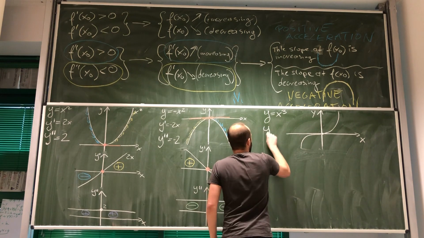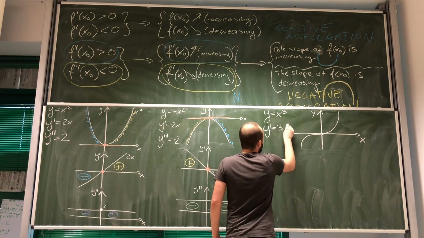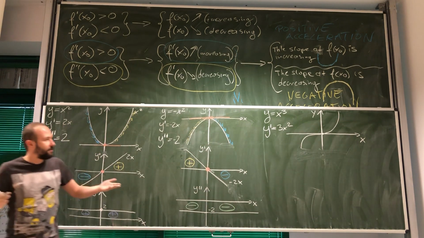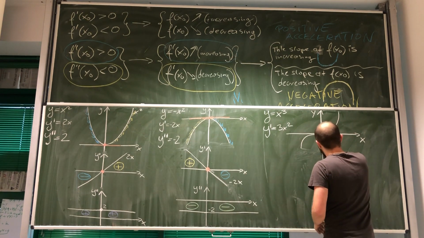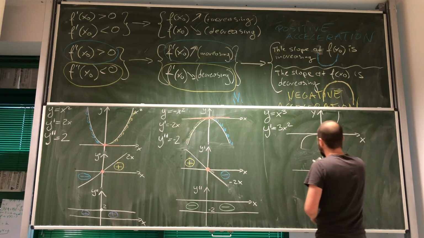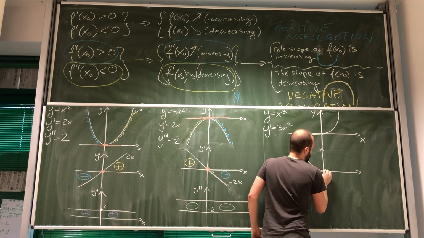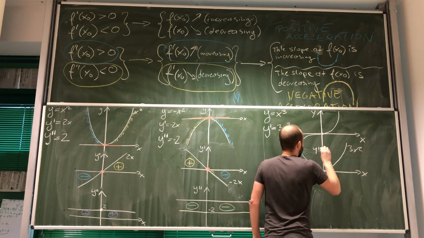Okay, so now y prime, so f prime of x, is equal to 3x squared. And look, 3x squared is another quadratic function, right? So if I want to draw this function, I'm going to draw it in the following way. And of course here I have y prime.